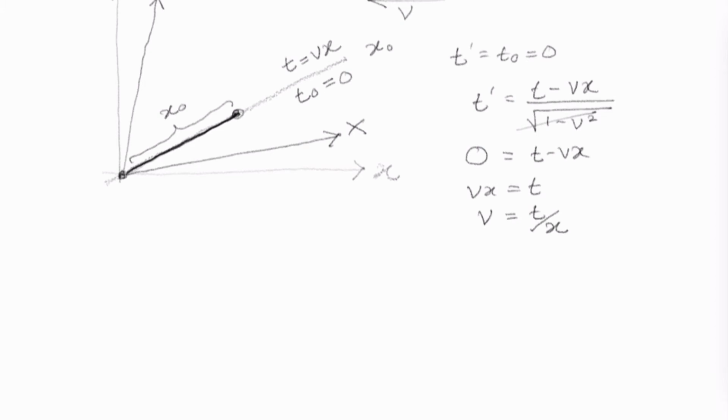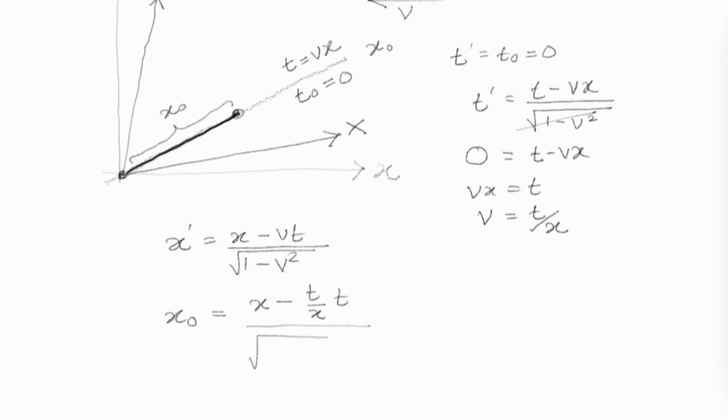X bar equals x minus Vt over square root of 1 minus V squared. X bar is x naught. So x naught equals x minus Vt, where V is t over x, divided by square root of 1 minus V squared, where V squared is t divided by x squared.